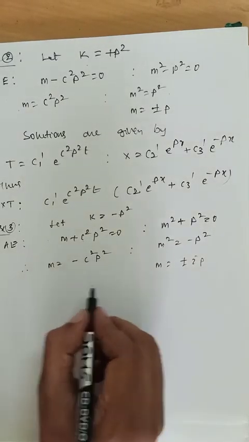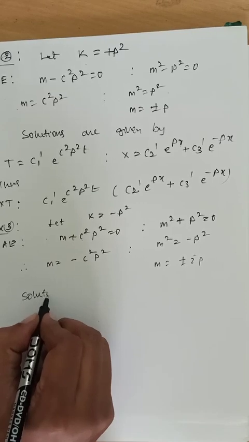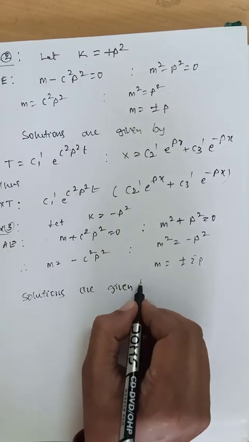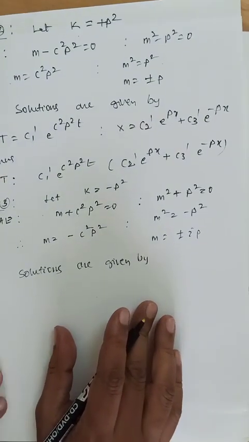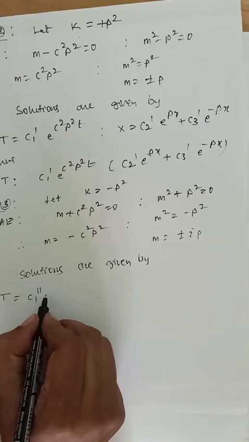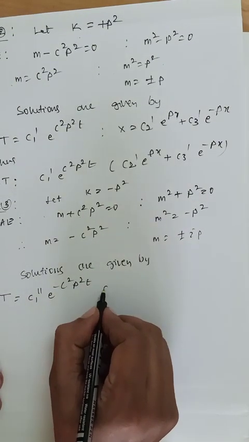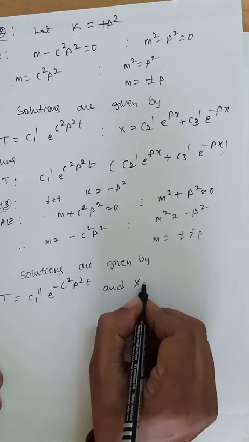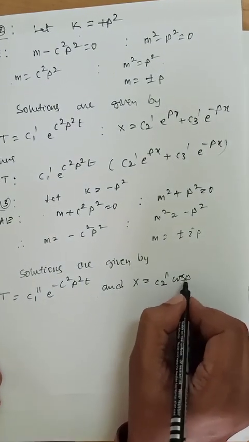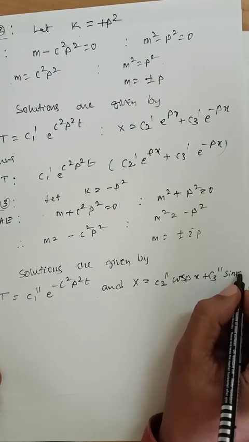So here a single root for t, and for x the roots are complex. Solutions are given by T = c1'' e^(−c² p² t) and X = c2'' cos px + c3'' sin px.